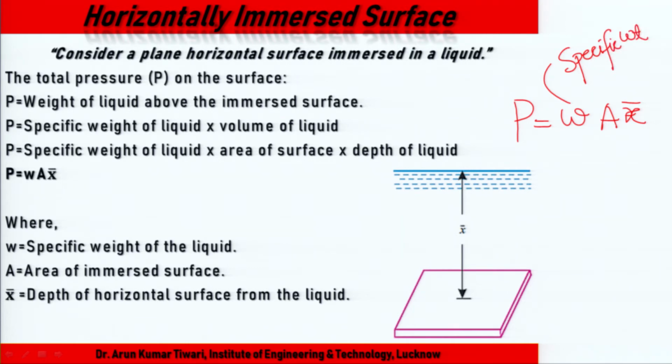So, this is specific weight, rho into g. What about A? It is the area of the immersed surface. And x bar is the distance from the CG, the depth of the horizontal surface from the liquid, just the depth from the free surface.